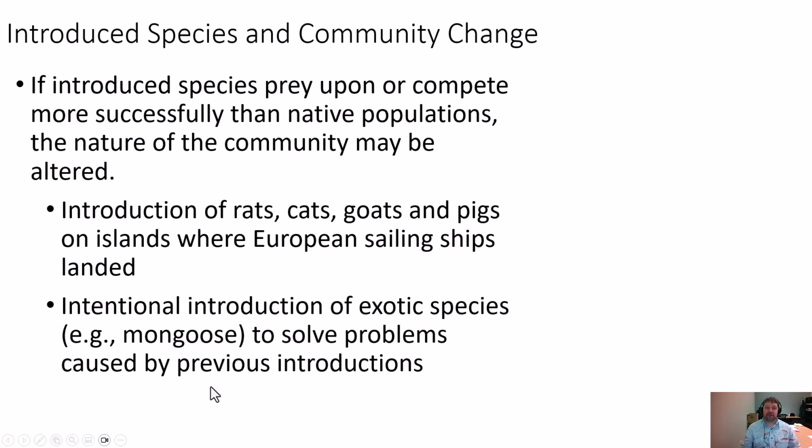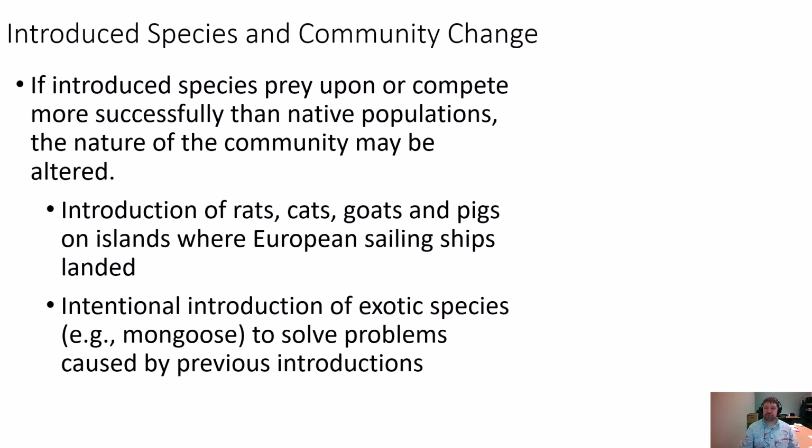That was the way we initially, after we realized the problem with introduced species, we'd often say, all right, well, what can consume it? And we'll just introduce that to go out and consume it.